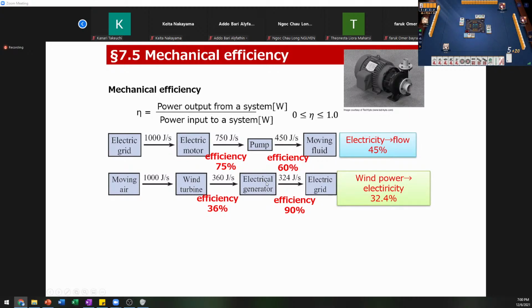And then the electrical generator generates 324 joule per second. This is kind of high efficiency, but still total efficiency could be 32.4%. So that's why for natural renewable energy, it's really difficult to increase efficiency overall in general. But still, it's good to work on that. Okay.